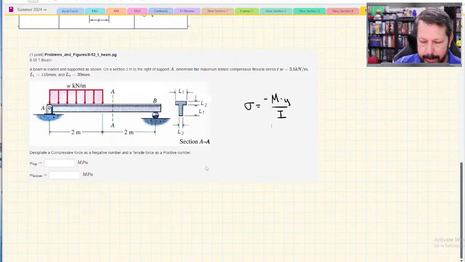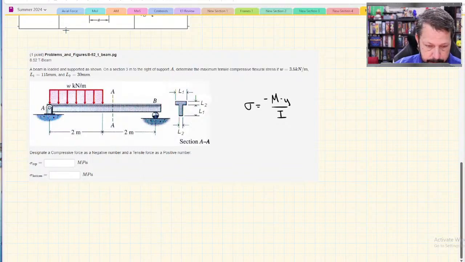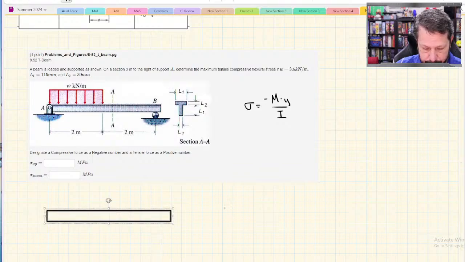All right, let's do the stuff we already know. And let's find the maximum bending moment, M, on section AA. So to do that, I am going to draw a rectangle. Something like that, we'll say.